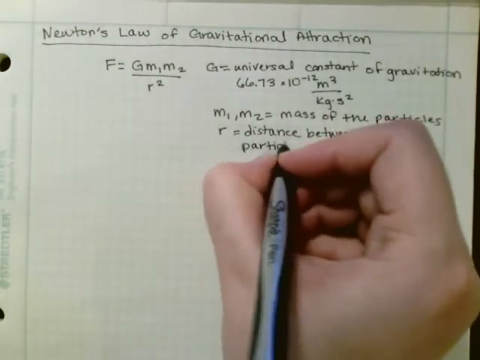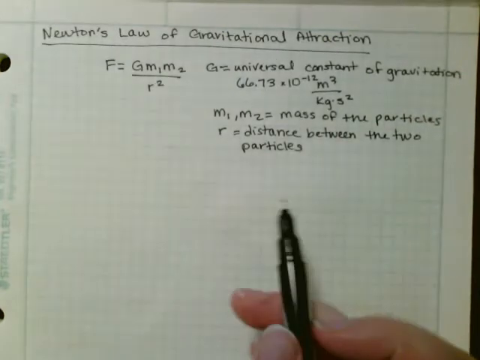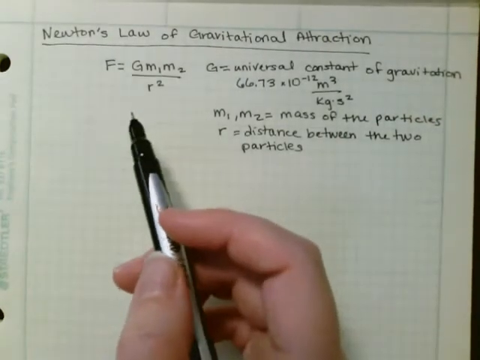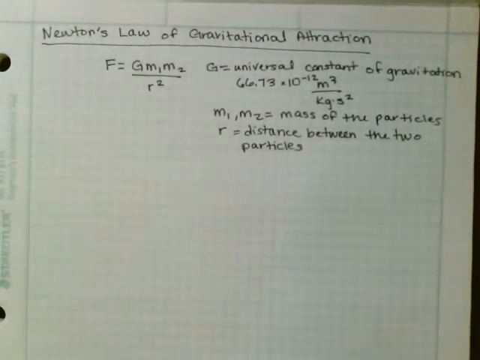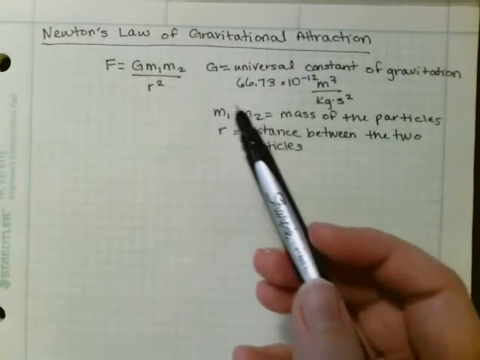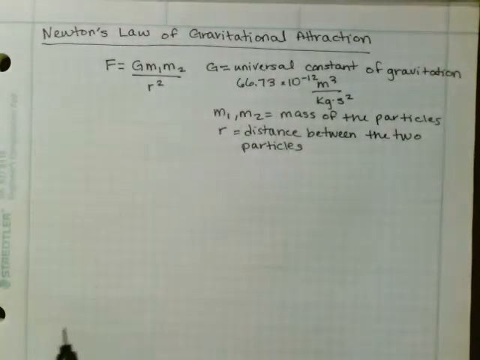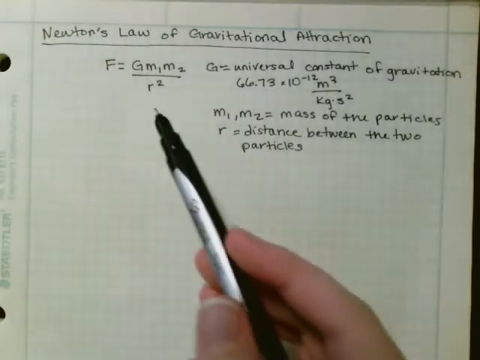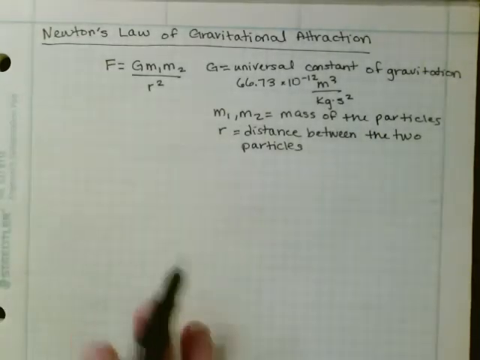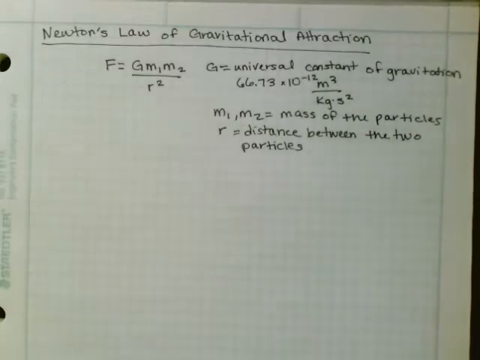So this also shows that since R is in the denominator, the distance between the two particles has to be relatively close for this to be a significant force, right? So we have a very small g. So if m1 and m2 are sufficiently far apart, then the r squared is going to take it down so much that there's no gravitational interaction between the two objects.